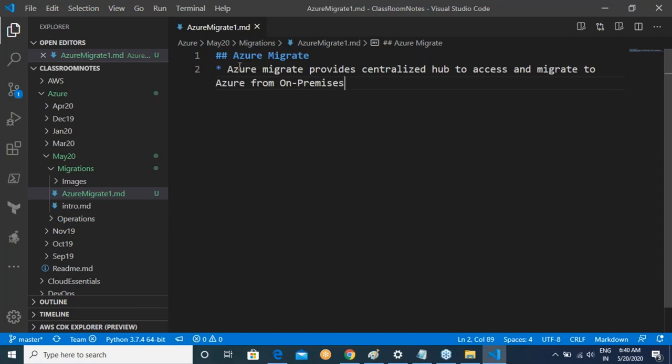This is the basic stuff. And what can it help you migrate? Azure Migrate can help in migrating the following entities.